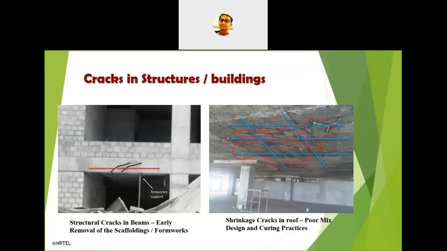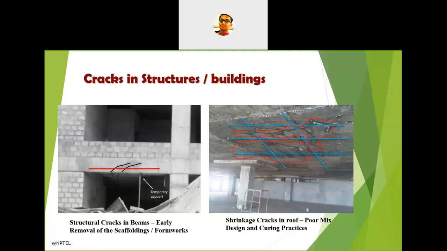For that reason there is elastic shortening, and the concrete tries to settle down. It was not fully in the elastic stage. Before attaining the elastic stage, they removed the framework, so it was in a partial plastic stage. For that particular reason they got some cracks.